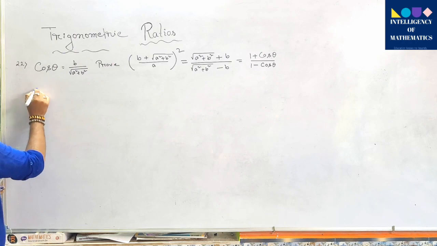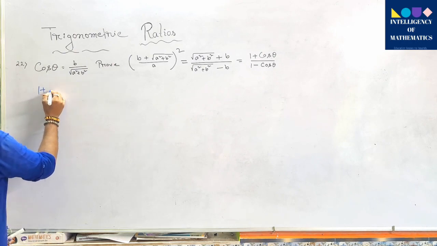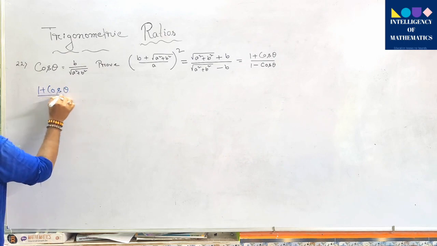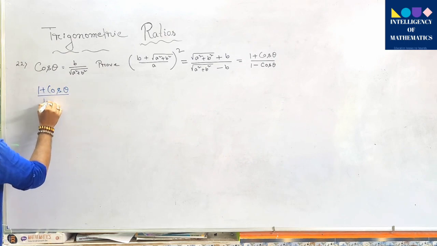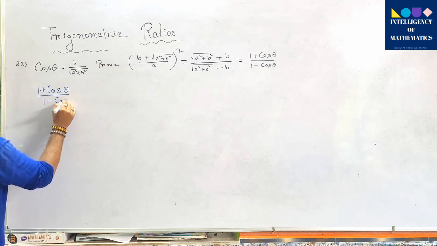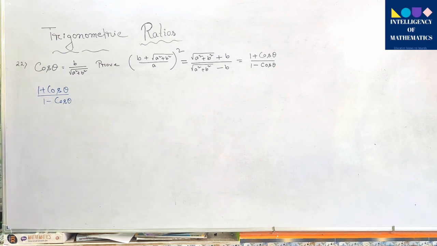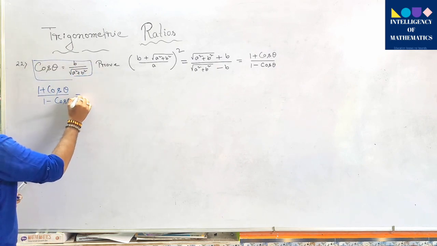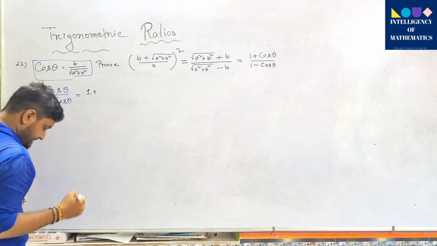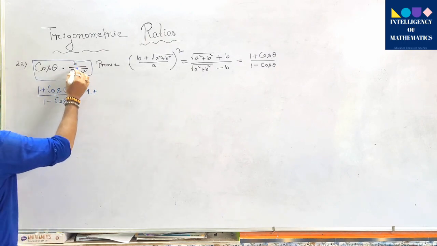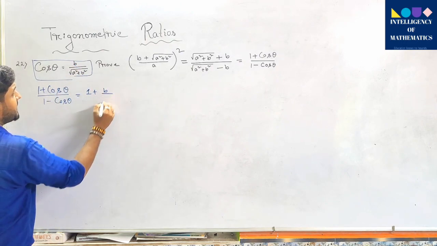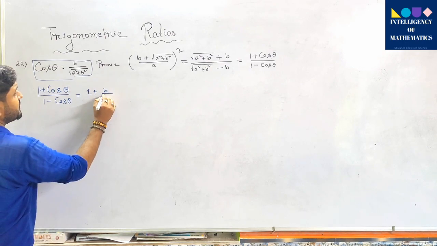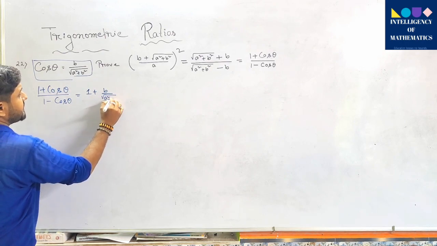The value is asked for 1 plus cos theta and 1 minus cos theta. Cos theta's value is already given here. We'll use this value. So 1 plus cos theta, whose value is given as b by root over a square plus b square.